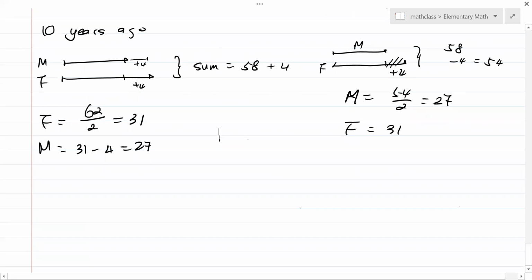I can also use the equations, because father is always 4 years older than mother. So that's the first equation, no matter which year, because the difference is always 4 years, right? Then 10 years ago, the sum is going to be 58. So you got two equations.